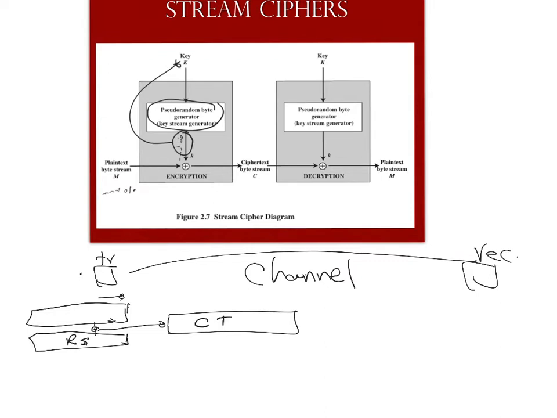Because remember, if you know the plain text, you can XOR it and get the generated sequence. So from the generated sequence, if you can reverse engineer and get the key, this is very dangerous. So this reversibility is not a requirement, it should not be the case. You should not be able to reverse and get the key, right? So it's a one-way thing, right?